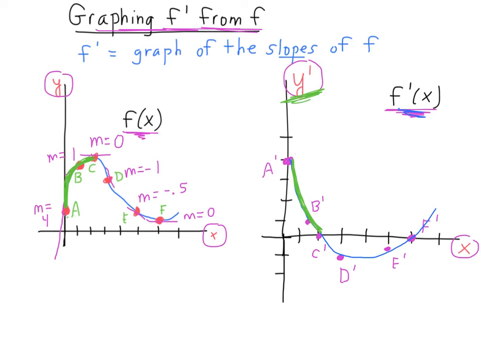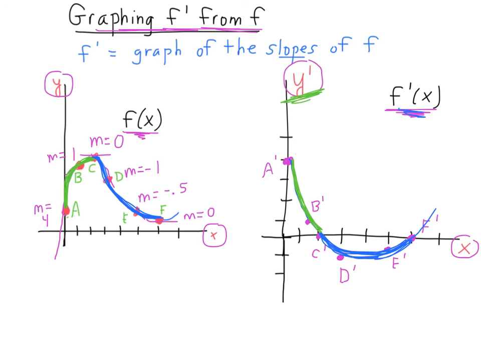Then notice how between point C and point F, our function is decreasing, right? It's going down from left to right. Well, notice over here between C and F, it is below the x-axis. So when your derivative graph is below the x-axis, that indicates that your function is decreasing.